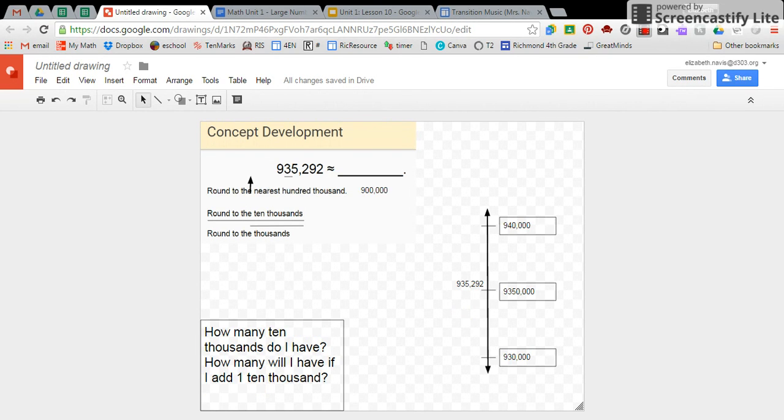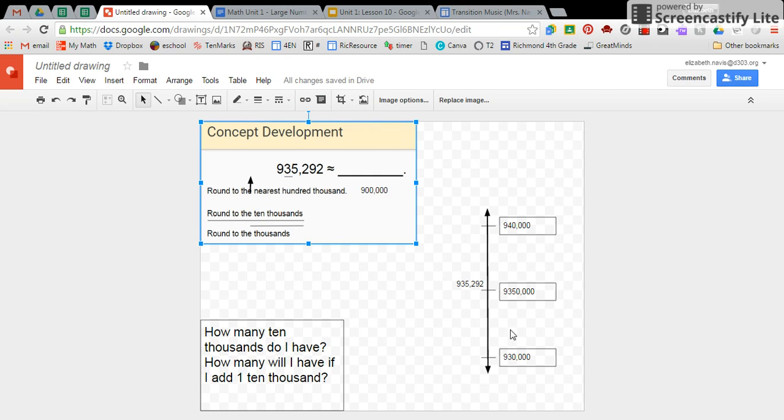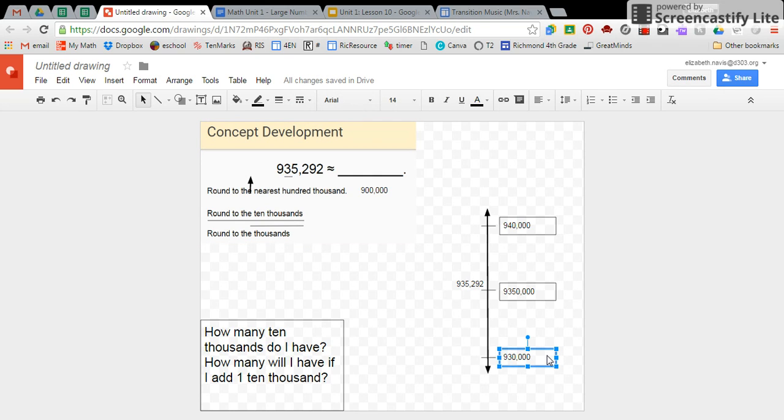Okay, welcome back. So when we look at this problem, we are rounding to the nearest 10,000. Hopefully you underlined your place value and found that there's a 3 in the 10,000s place. So you should have 930,000 as your bottom benchmark number and 940,000 as your top benchmark number. When I added one 10,000 to 930,000, I get to 940,000.